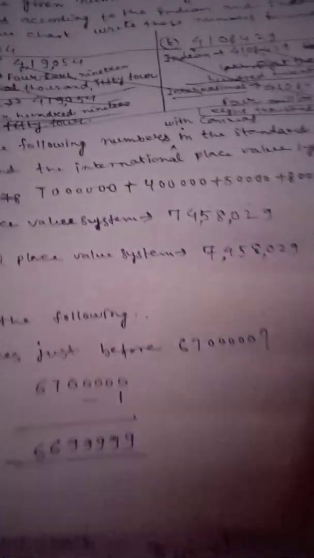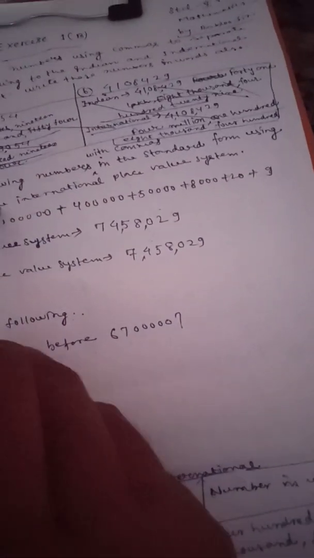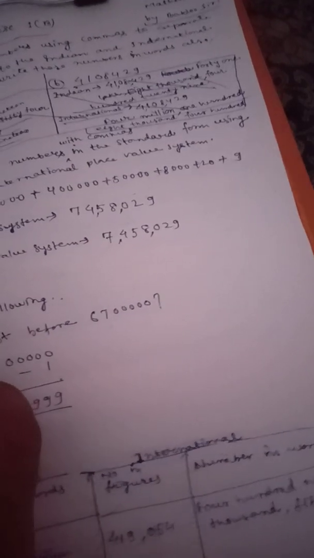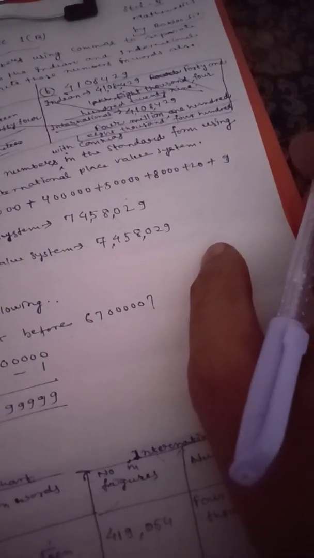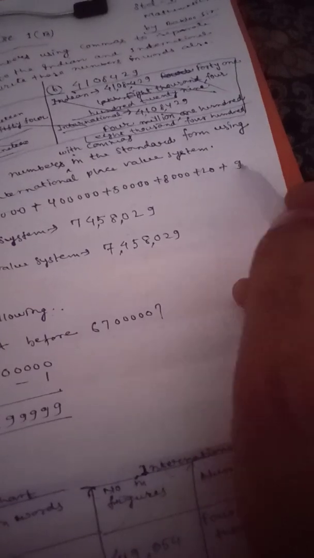Now see the second number. Write the following numbers in the standard form using the Indian and the international place value system. Now the number is 70 lakh plus 4 lakh plus 50,000 plus 8,000 plus 20 plus 9.